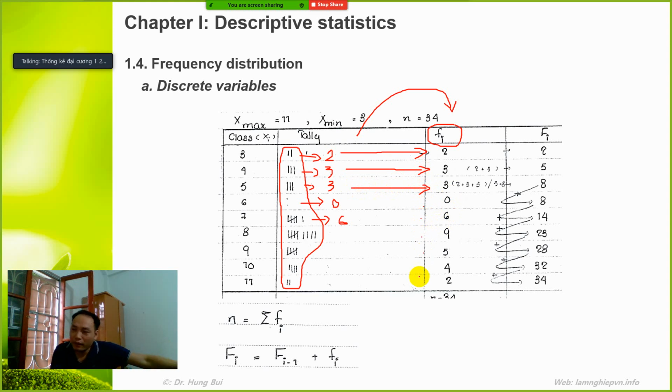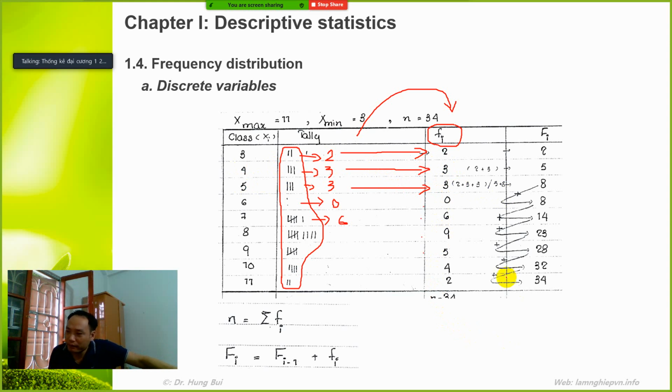Write down Fi 2, because there are 2 plots having 3 trees, and there are 3 plots having 4 trees. There are 3 plots having 5 trees, and so on. Okay? Do you finish?